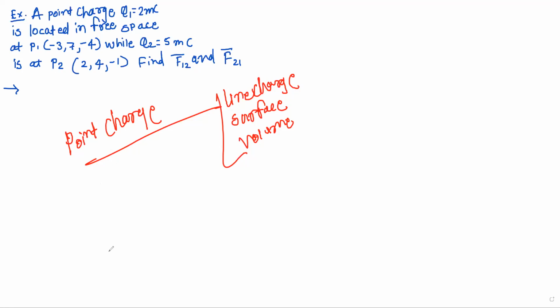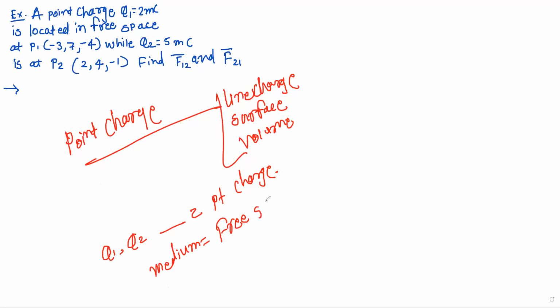Next you have Q1 and Q2. That means 2 point charges are mentioned. Next, they have mentioned it is located in free space, so the medium between the two charges is free space.